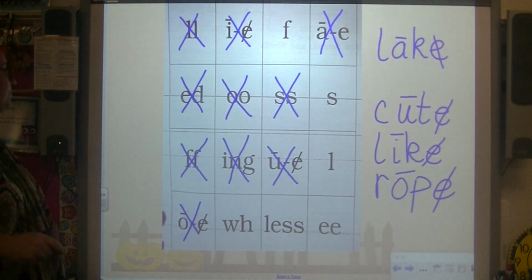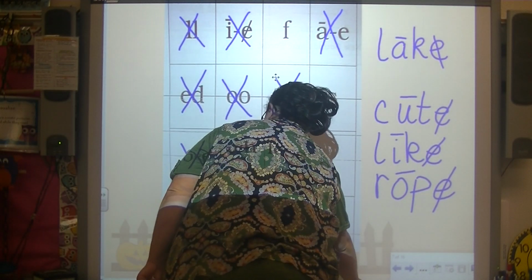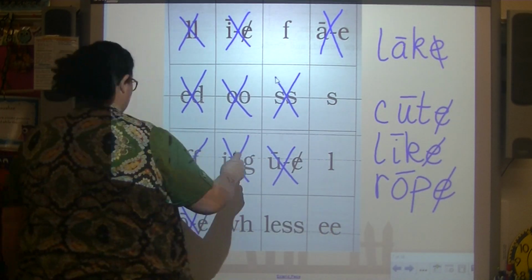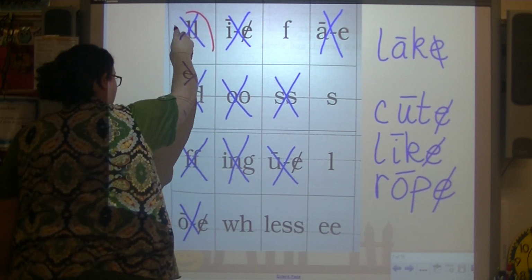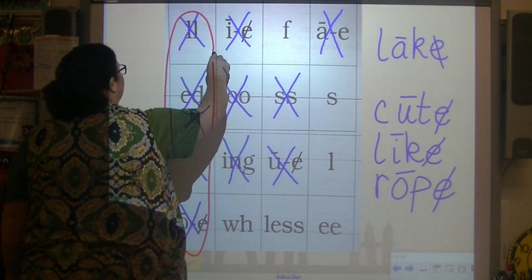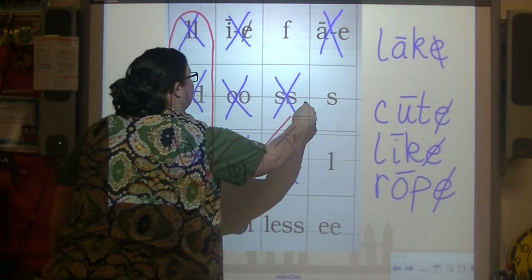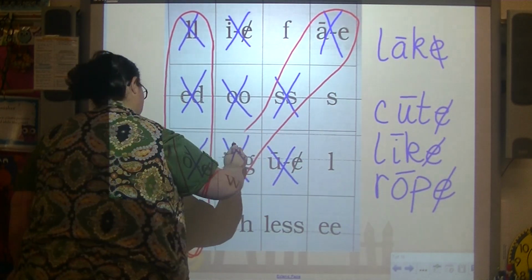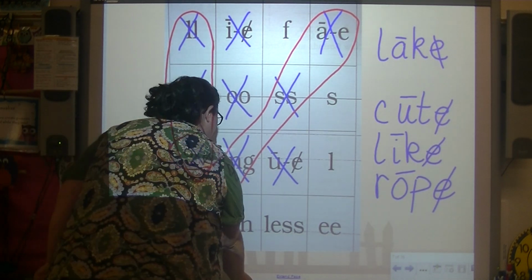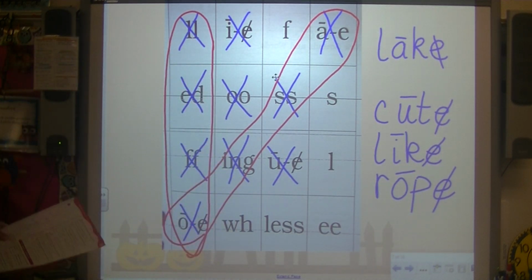All right, so you had bingo 2 different ways today. You could have it up and down, or you could have it diagonal. 2 different ways to make it today.